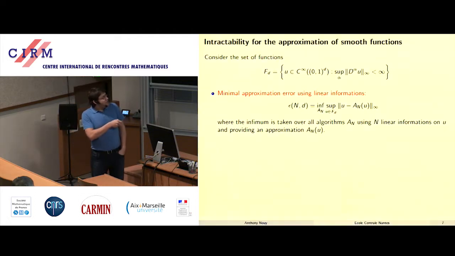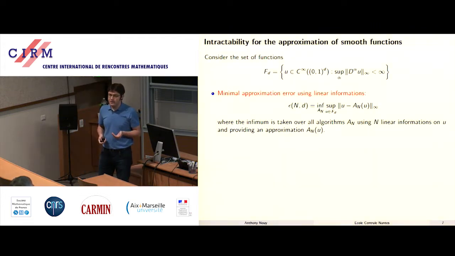And you define this epsilon, which is the infimum over any possible algorithm that uses this information on your function, of the supremum, the worst-case error, over this class of functions of the distance between your function and the approximation provided by your algorithm.